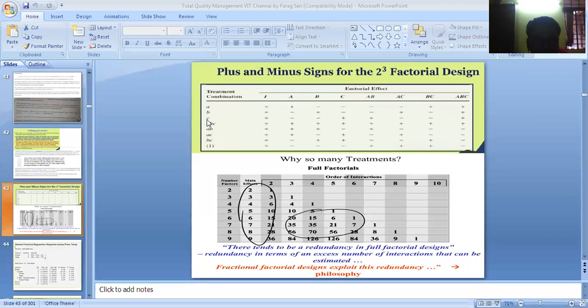For example, here in C, minus, minus, plus, and then minus, minus, minus. So one particular setting is getting changed. These sorts of things also exist in this kind of design.